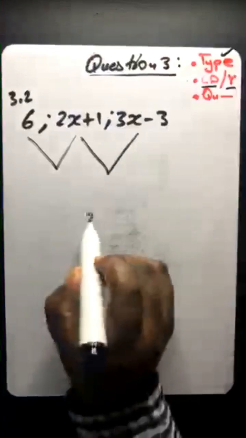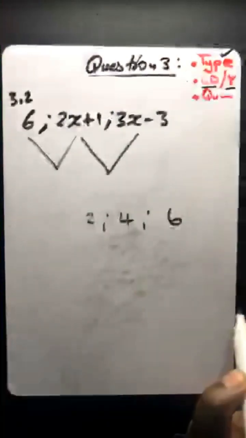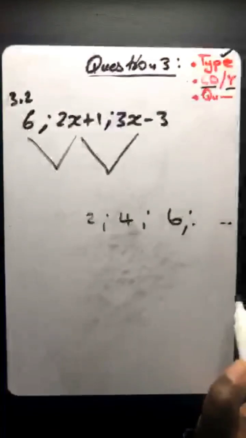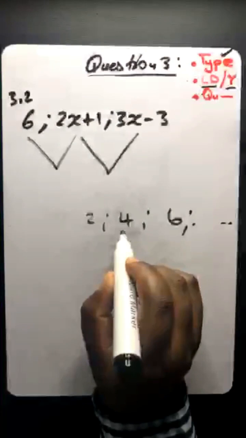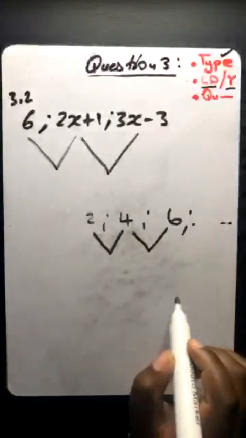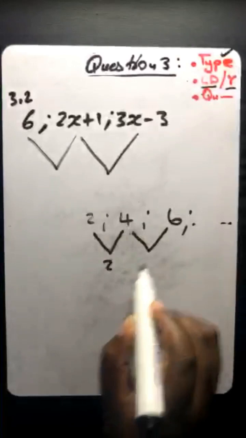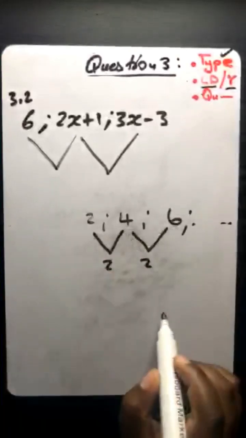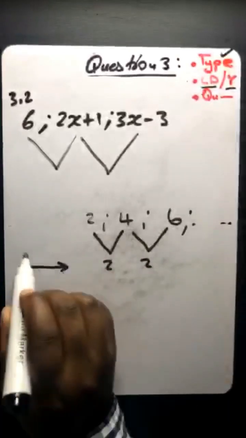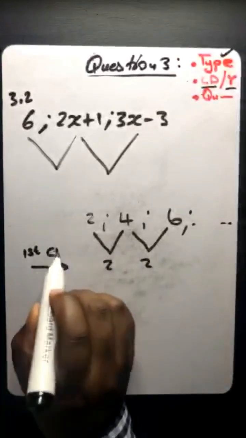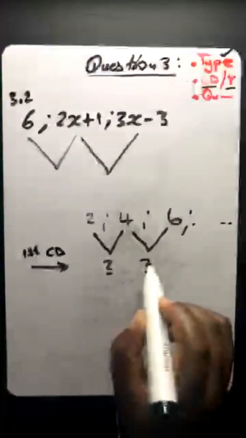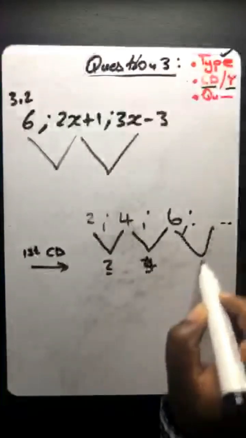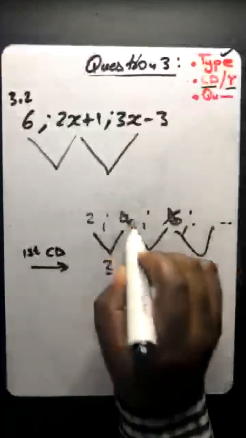So if you are having 2, 4, and 6, this is what we mean by the first common difference. Difference simply means this minus that. If this minus that gives you 2, and that minus that gives you 2, can you see this line? It is the first line where we are having the common difference, being 2. If it wasn't common, let's say it was 4 here and then 6, it was going to be different numbers there.